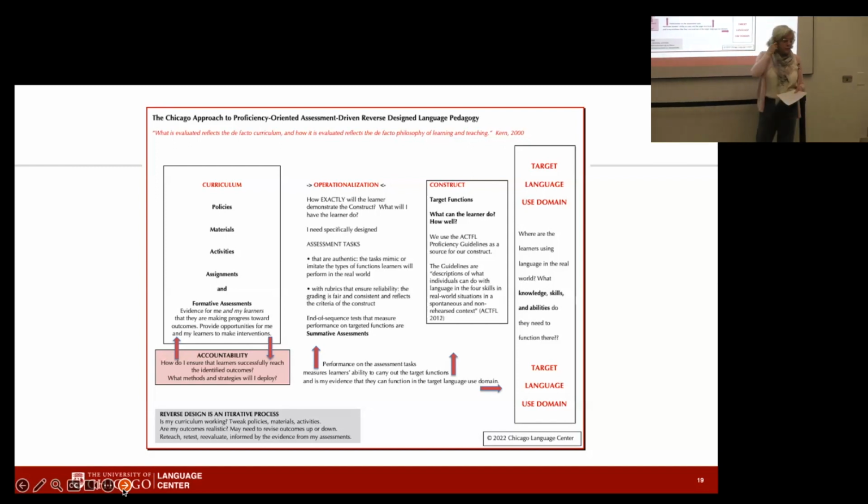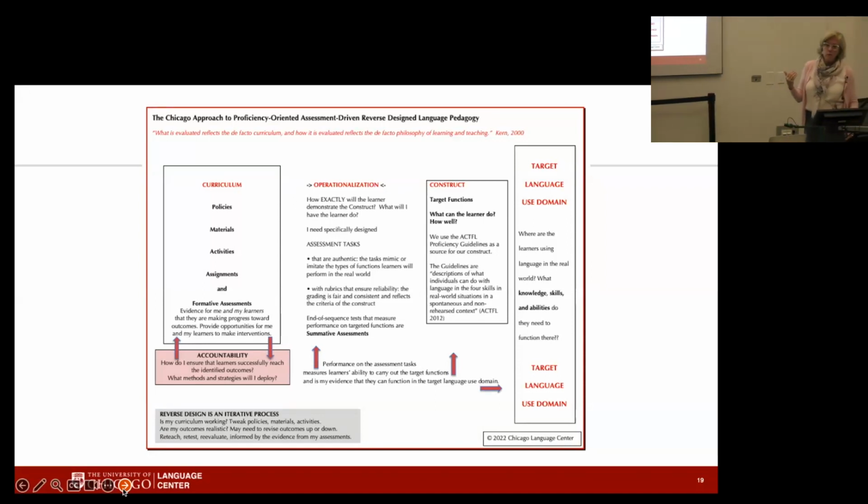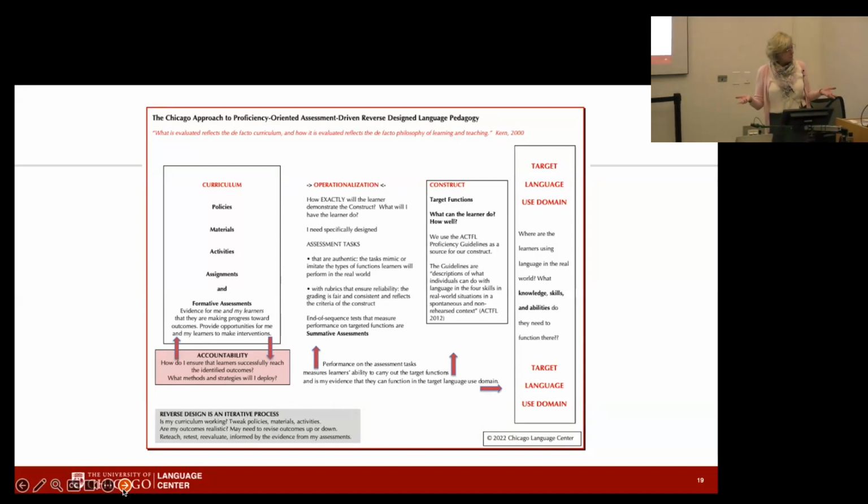So this is different than sitting in my office thinking about German for business. First of all, which business? Finance, marketing, advertising, banking, running a hedge fund. Those are all different domains.